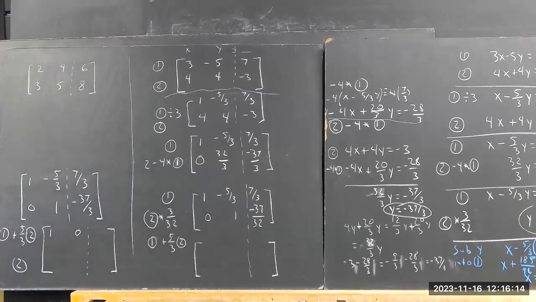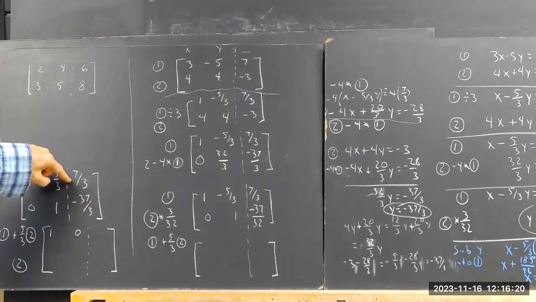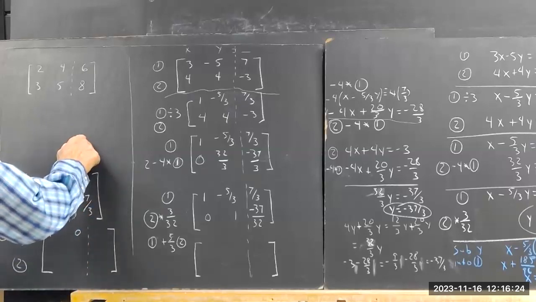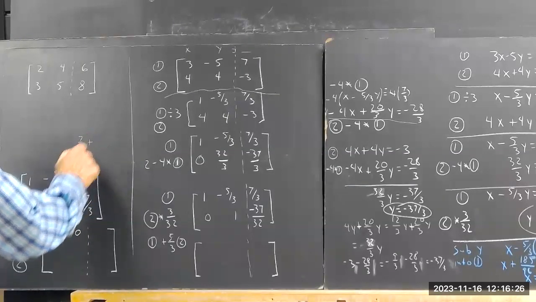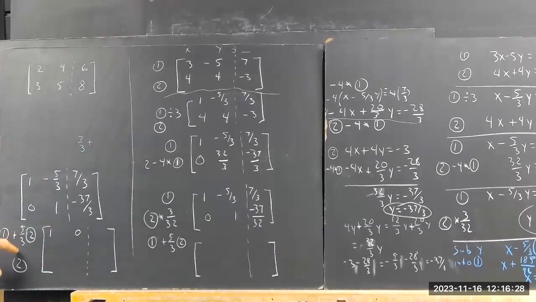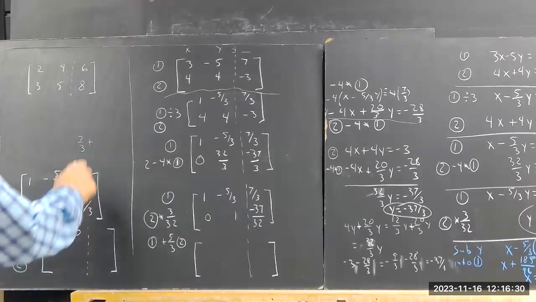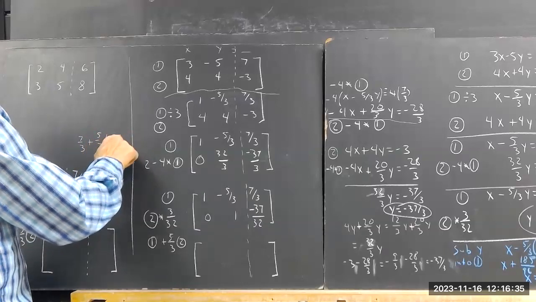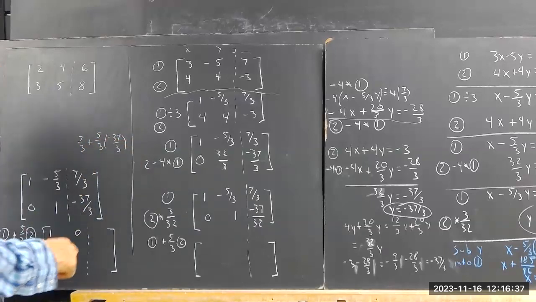And then I'm going to take a side calculation most likely, but I take whatever's in row 1, which is 7/3, right? And I'm going to write that down up here, 7/3. Then it's going to be 5/3 of whatever's in row 2. That's going to be 5/3 of negative 37/3.